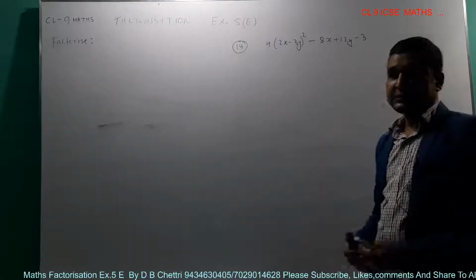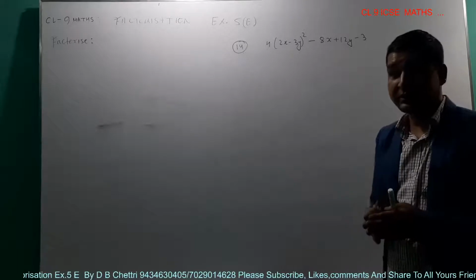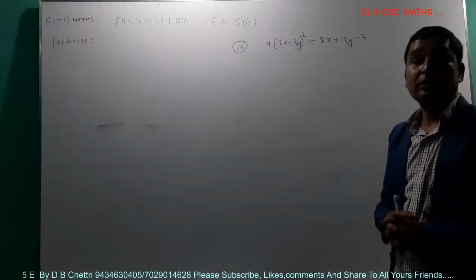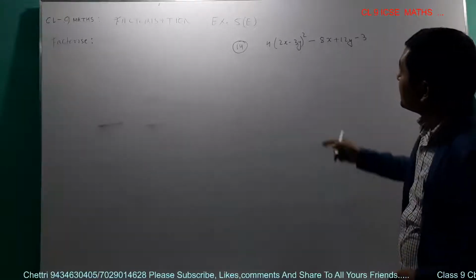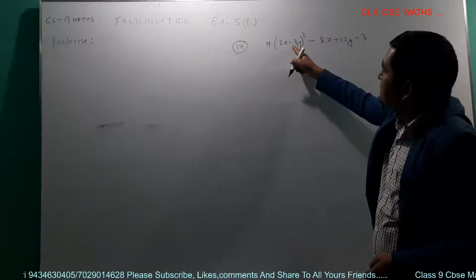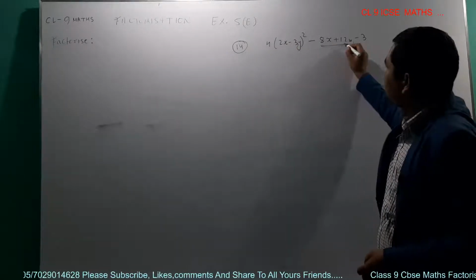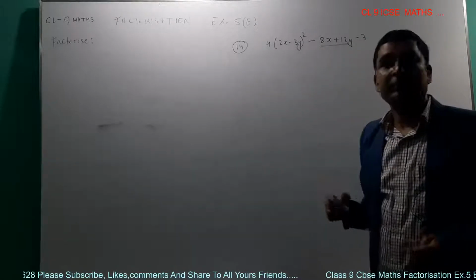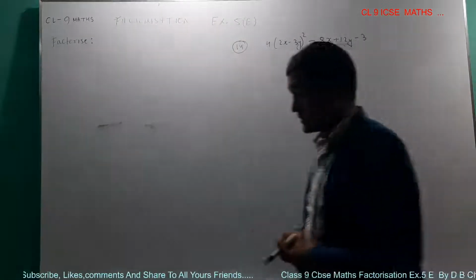If the expression is very large or weak, and the same term is there, the same term can be replaced by any letter to convert the expression into a simple form. Now this 2x minus 3y is there. If it is possible, let's take first common. After taking common, if both the expressions come the same, then we can replace by any letter to convert into simple form. Let's try it.